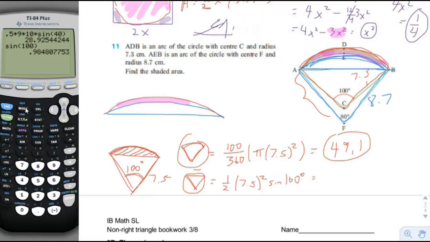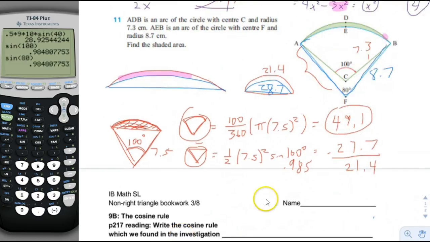So the sine here is 0.985, and I'm going to multiply that times 1/2 and 7.5 squared. So 7.5 squared times 0.5 times 0.985 is 27.7. So this red region is 49.1 minus 27.7, and that gives me 21.4.